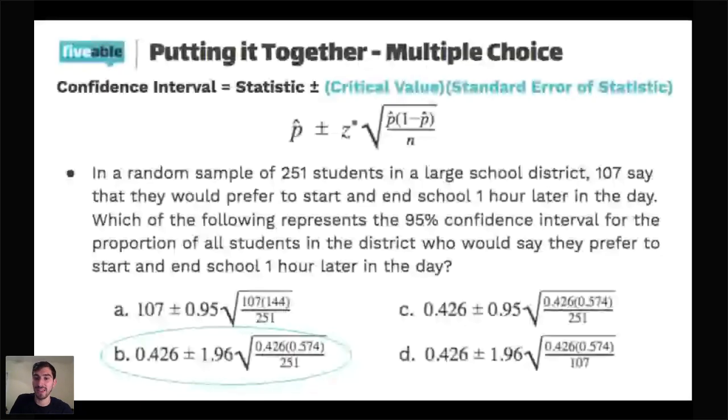And at first students kind of freak out about seeing all these symbols and formulas and plus and minuses, and then they realize, oh wait, this is actually the gimme question, because all I got to do is pick out the confidence level, look up the right z-star, cross out the ones that don't have the right z-star, and then just piece together the other components of the formula.